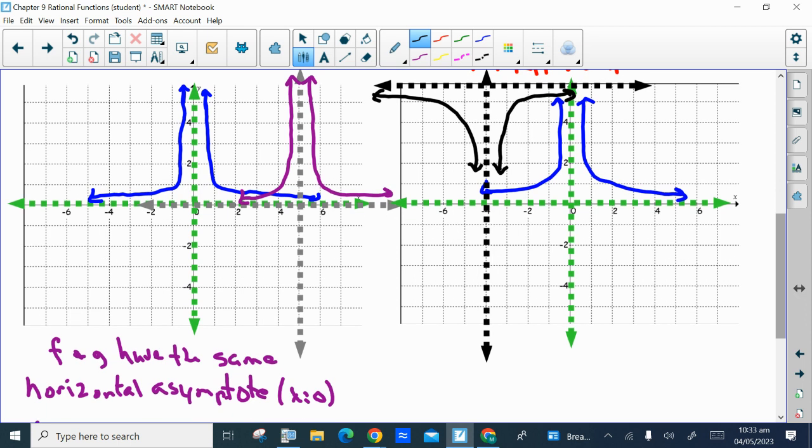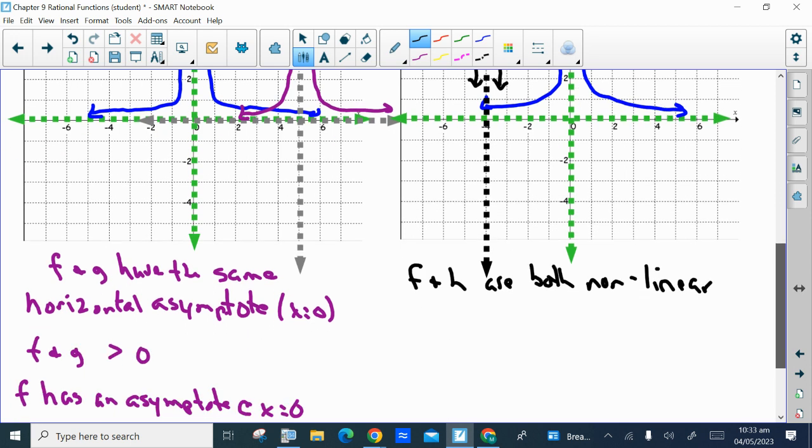They're nonlinear. So f and h are both nonlinear. That's really the only similarity that we could state. Okay?